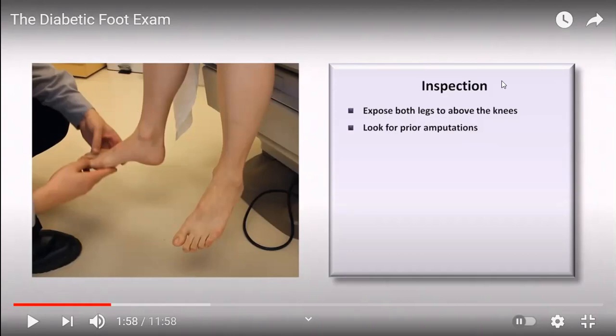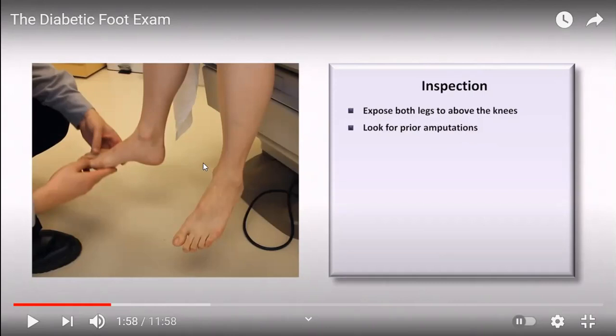First of all, inspection: expose both legs. So you see both legs are exposed well, with enough sunlight and no shadow. Expose both legs to above the knees. Look for prior amputation.